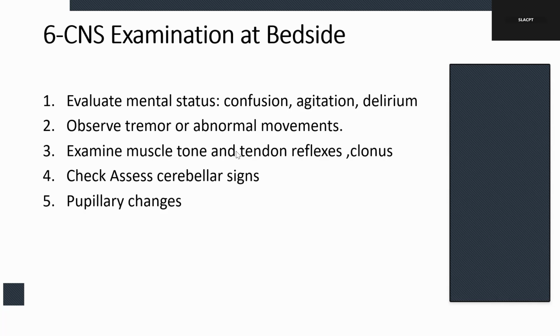From the beginning, as this is an important clinical sequence, we generally have to see the patient, including the mental state. Then ask the patient to sit on the bed and look for abnormal movements in the hands or body, then ask the patient to lie down and relax, so we can check the muscle tone and tendon reflexes.